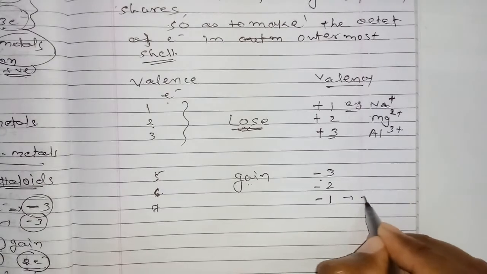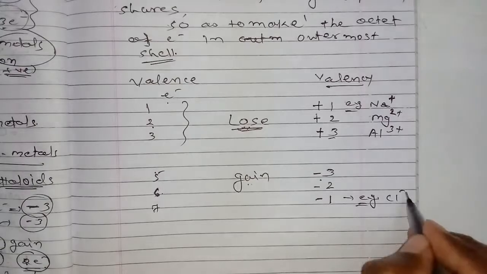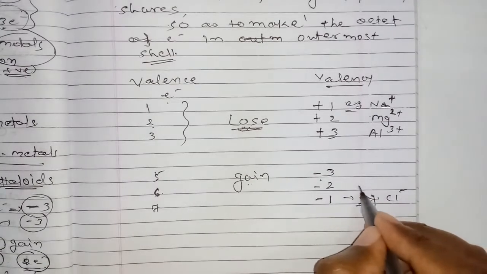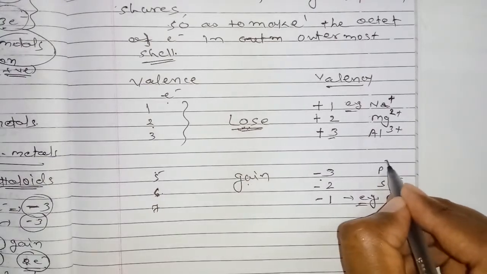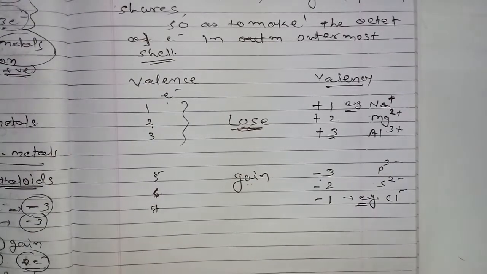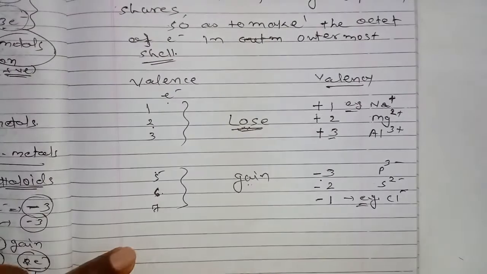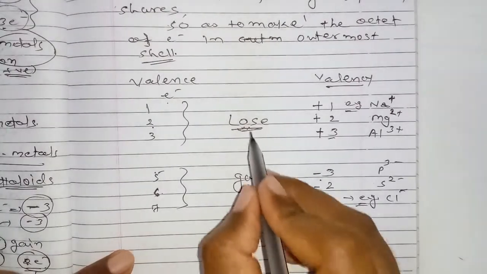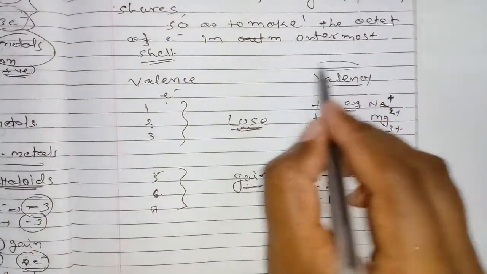For example, Cl minus is the chloride ion, S2 minus is sulfide, and P3 minus is phosphide. So this is the concept of loss or gain of electrons and their valency.